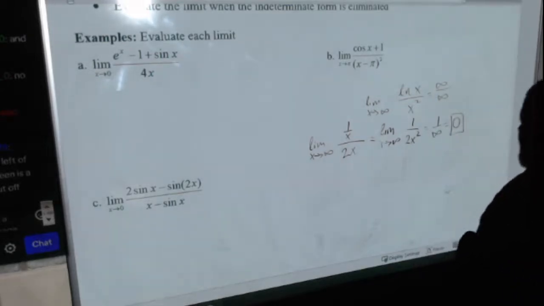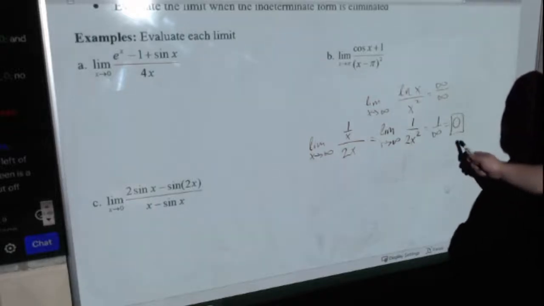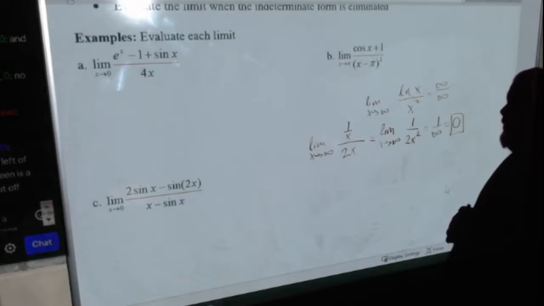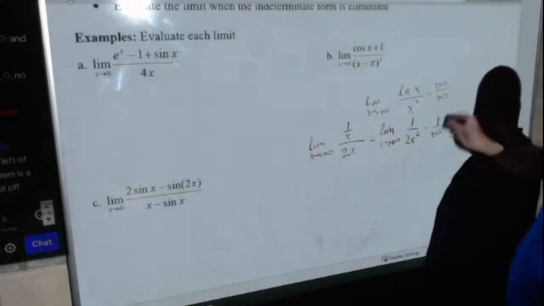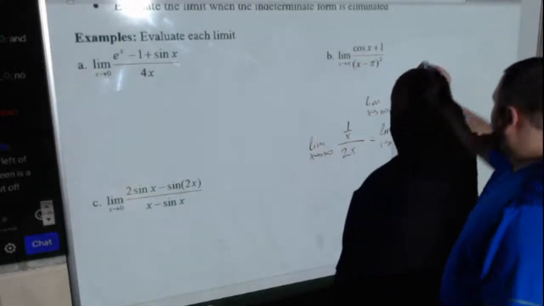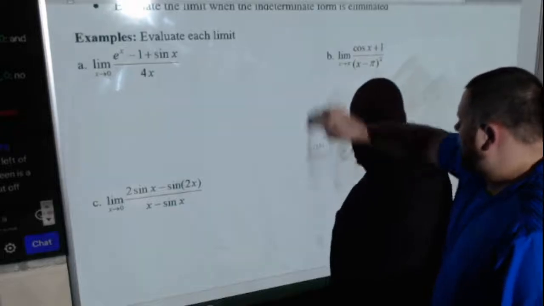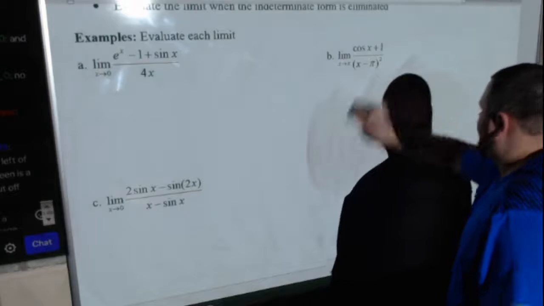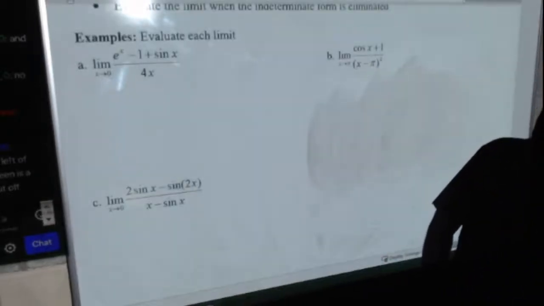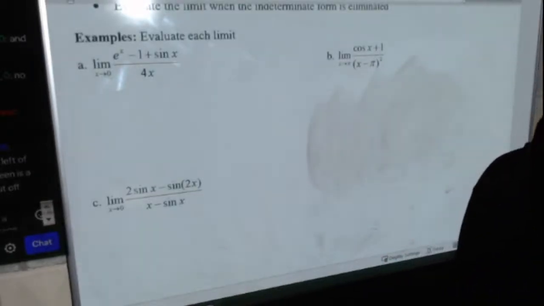So if you get 1 divided by infinity, you can say that's 0. So that's just an example where the original limit isn't just 0 over 0. It was something different.